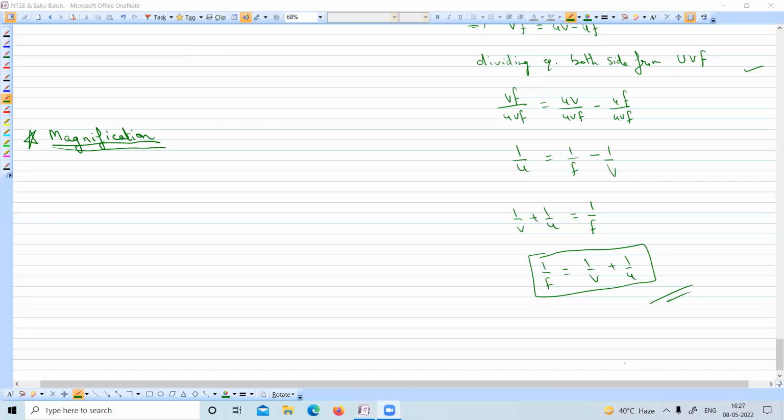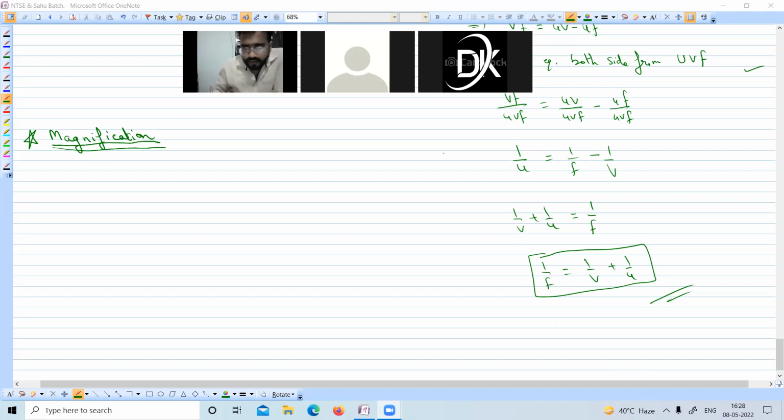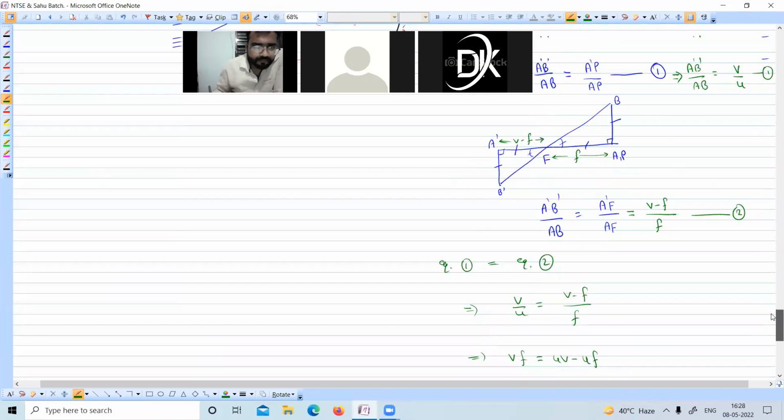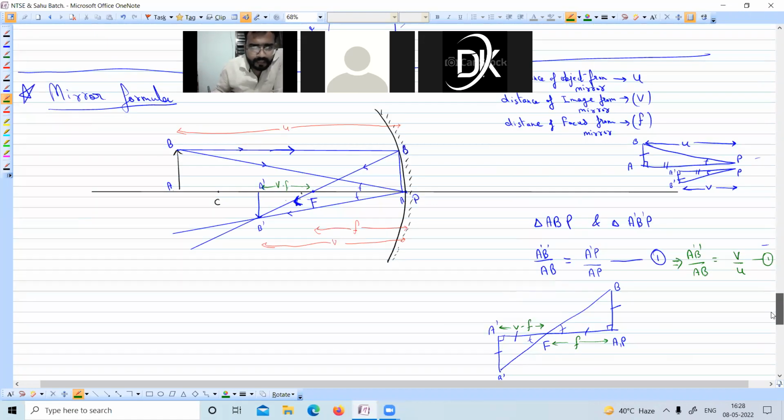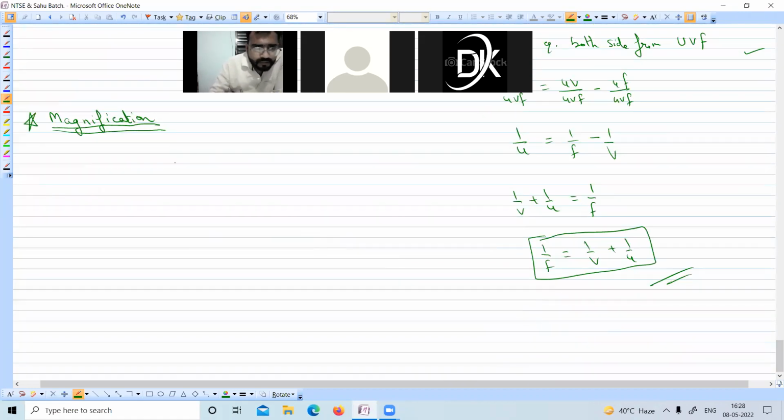So for comparison, what we generally use in mathematics is ratios. So we will use a ratio to compare these two terms. If I talk about the same situation, you can see AB and A dash B dash. So whatever we want to compare, that is A dash B dash, and the reference to which we compare, always write in the denominator, that is the object.